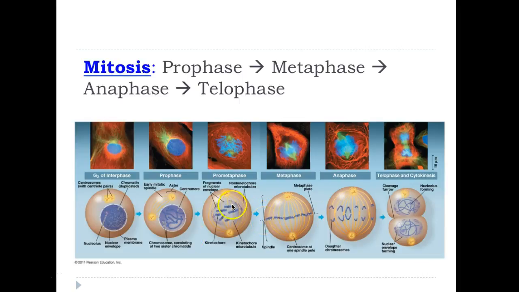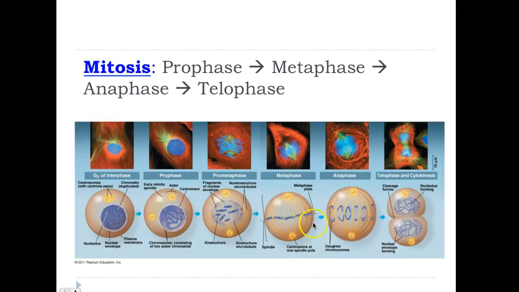They get moved to the center of the cell in metaphase, to what we call the metaphase plate, or sometimes the equatorial plate of the cell. If you were taking a cell biology class, it would definitely be the metaphase plate. The centrosomes are at one spindle pole and at another spindle pole up here, and you have spindle going in all directions.